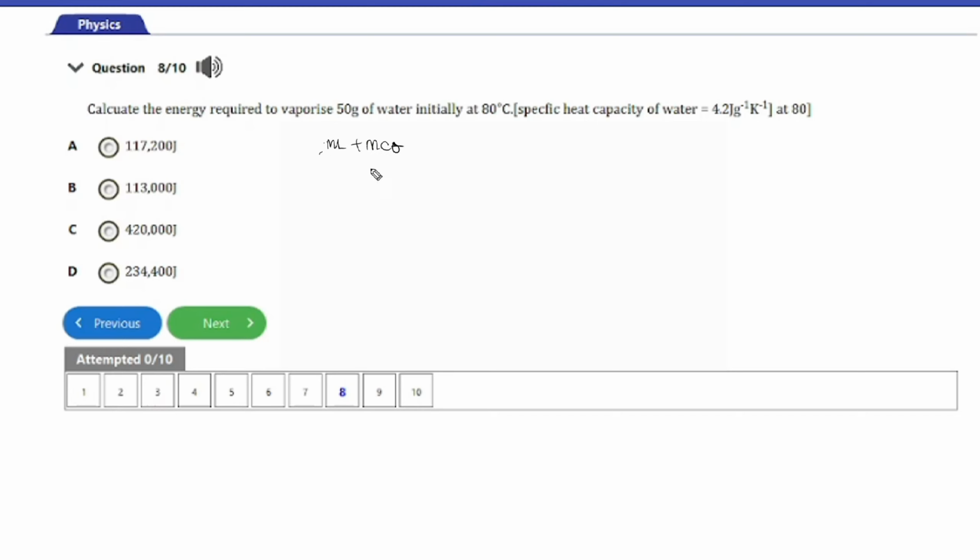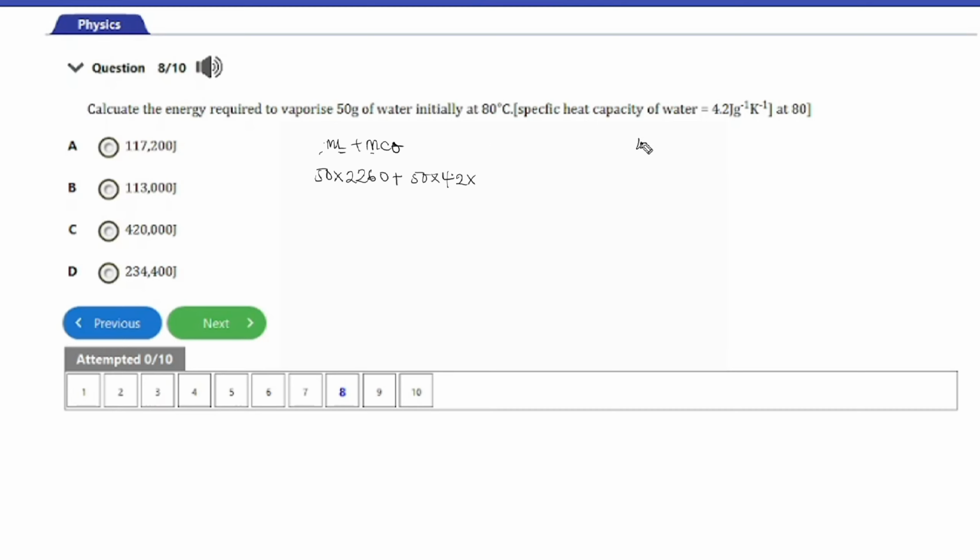So guys, actually the energy required here can be stated as ml plus mc theta. So the mass here is 50 grams, so no need of conversion since we already have the specific heat capacity at joule per gram per Kelvin. So we have this as 50 grams, then times the L, which is 2260, plus M, that's 50 grams, times C, which is 4.2, then times theta here, which is the change in the temperature.